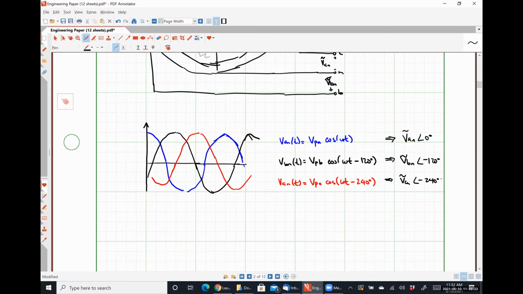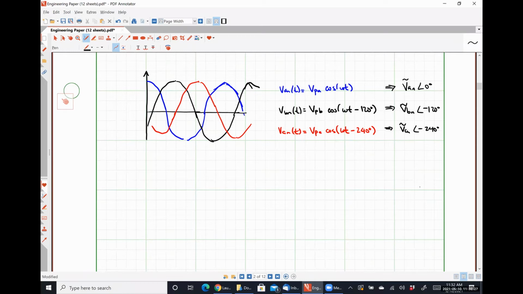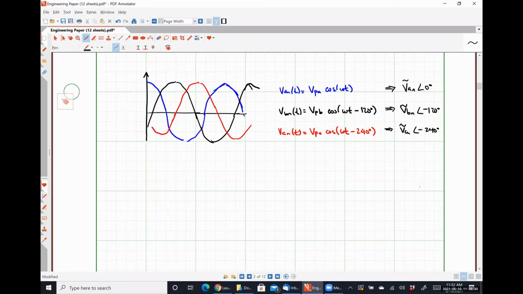Okay, so now we talk about phase sequence, all right? We have two different possibilities for phase sequence.